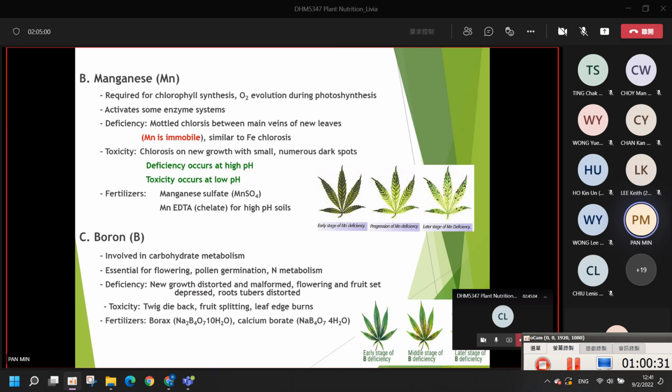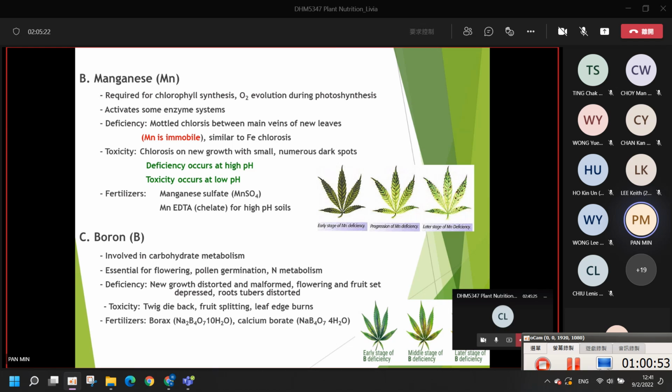And boron also is involved in carbohydrate metabolism and is essential for flowering, pollen germination, and nitrogen metabolism.